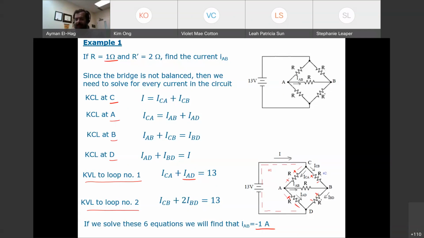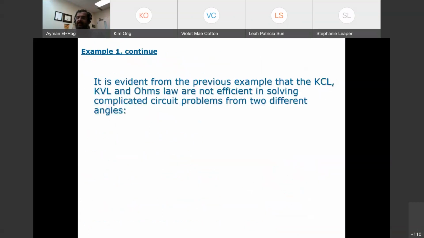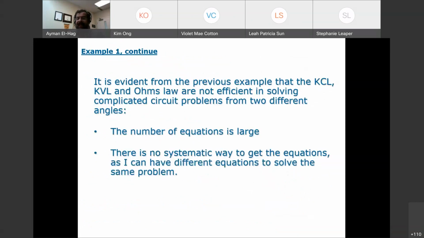Then I would have to use a PC to solve this. So this is the main incentive: we need more efficient techniques. This is not very efficient, because the number of equations is large, and it's also not systematic. As I said, you could have a different number of KCLs and a different number of KVLs.